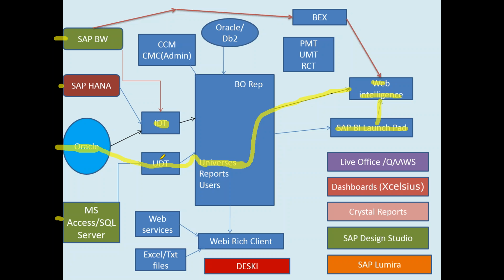UDT stands for Universe Design Tool and IDT stands for Information Design Tool. Okay, these are BO tools only. So to create a semantic layer, nothing but a universe, we are going to use the UDT and the IDT tool. Okay. So both the tools are the same.